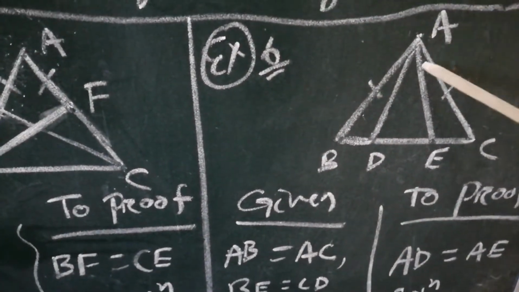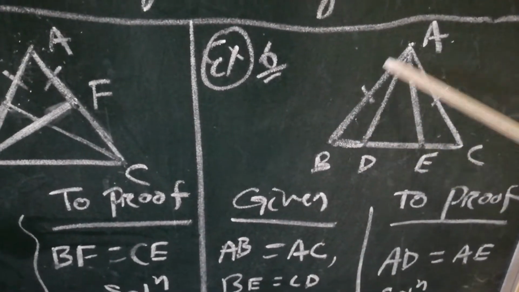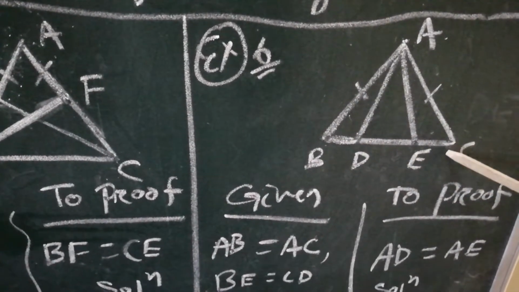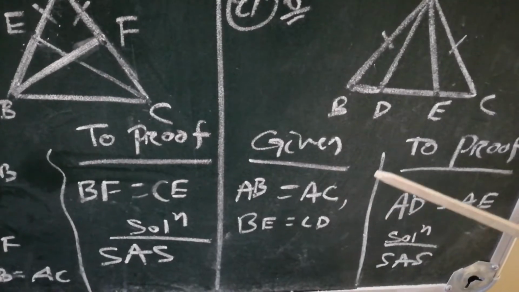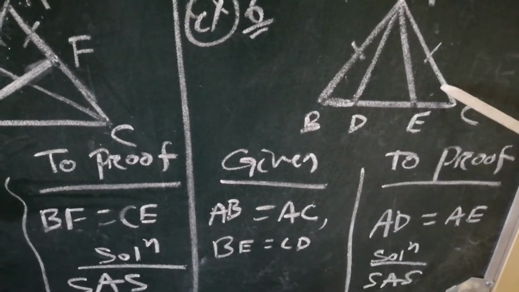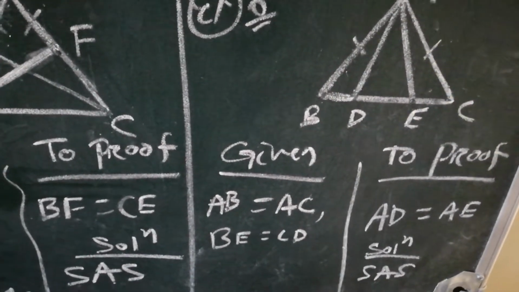Example 6 is, similarly, a triangle ABC is given, and what is given? AB equal to AC, BE equal to CD. This much is given. What we have to prove? We have to prove that AD equals AE.